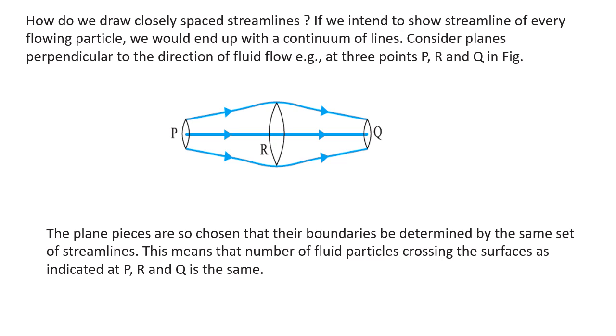The plane pieces are so chosen that their boundaries are determined by the same set of streamlines. This means that the number of fluid particles crossing the surface as indicated at P, R and Q is the same.